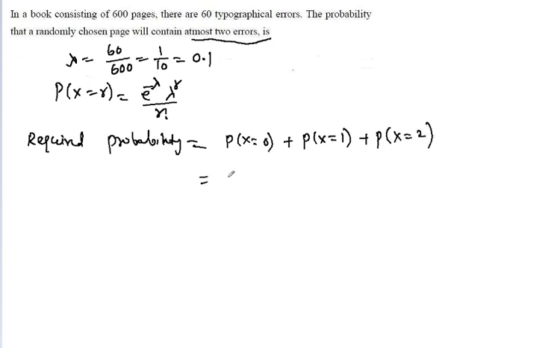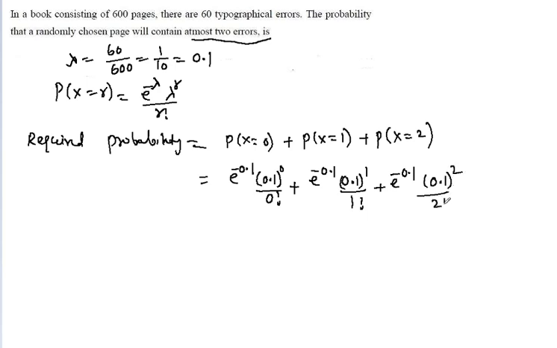So P of X equals 0 means e to the power of minus 0.1, 0.1 whole power 0 by 0 factorial, plus e to the power of minus 0.1, 0.1 whole power 1 by 1 factorial, plus e to the power of minus 0.1, 0.1 whole square by 2 factorial. So e to the power of minus 0.1 is common.